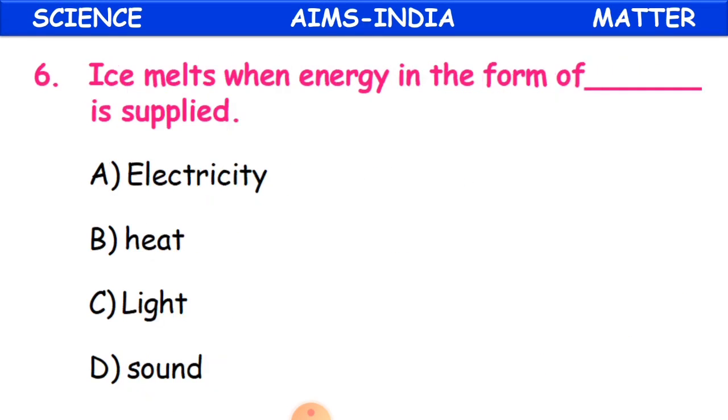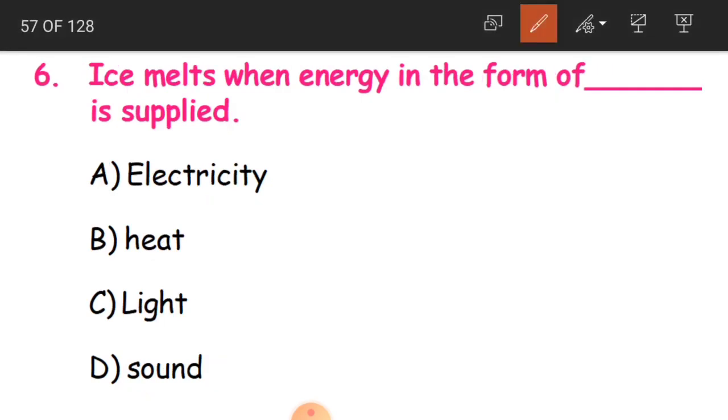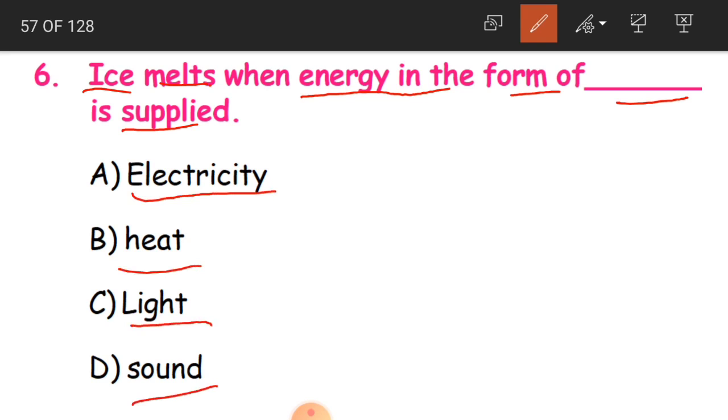Okay, children. Now, sixth question. Ice melts when energy in the form of dash is supplied. When is ice going to melt? In which form of energy? Is it electricity, heat, light, or sound?